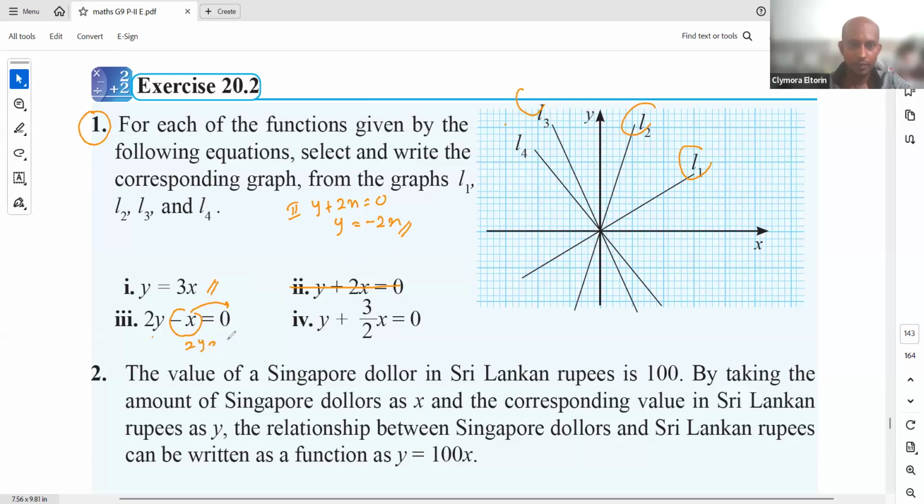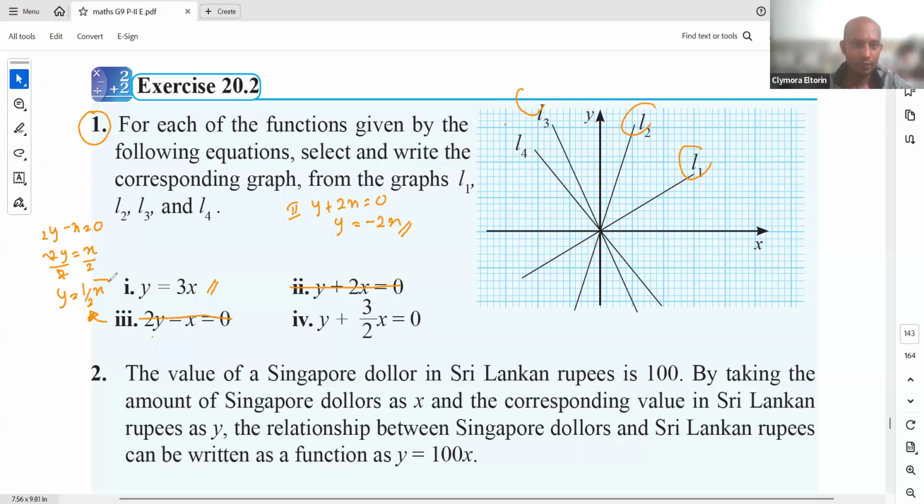So 2y minus x equals 0. Bring this x over, 2y equals x. We can divide both sides by 2. So we can write y equals half x. That's the formula. So this one is no longer there.